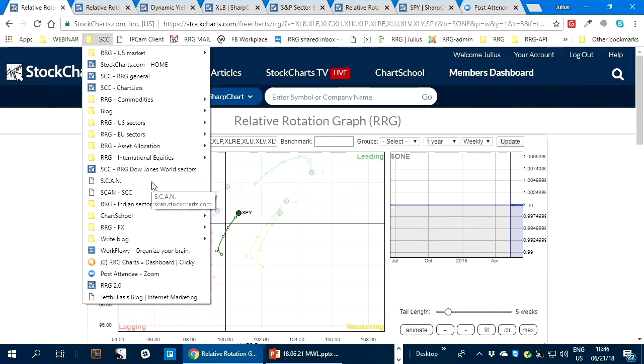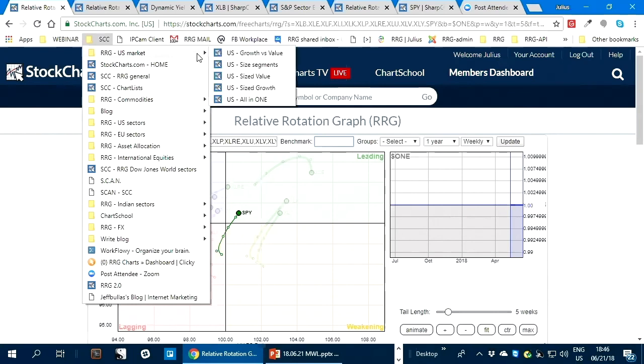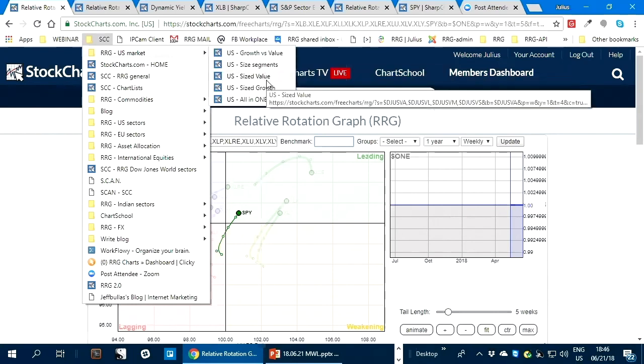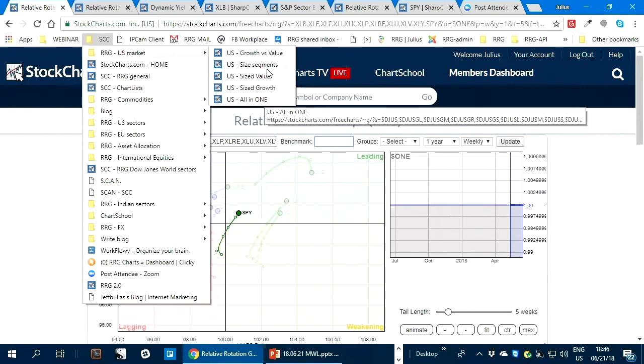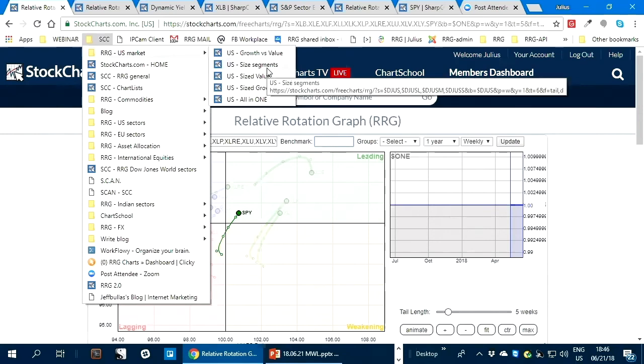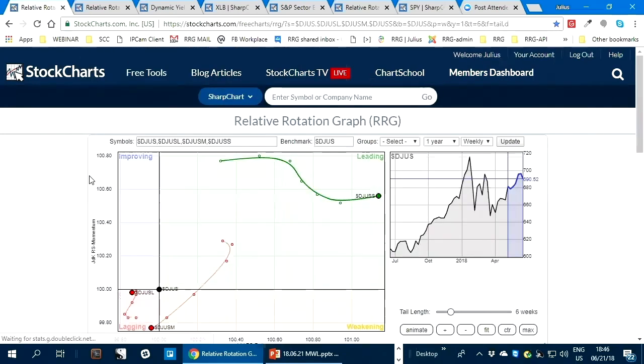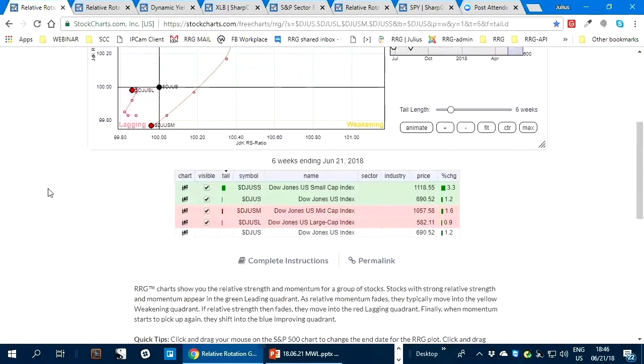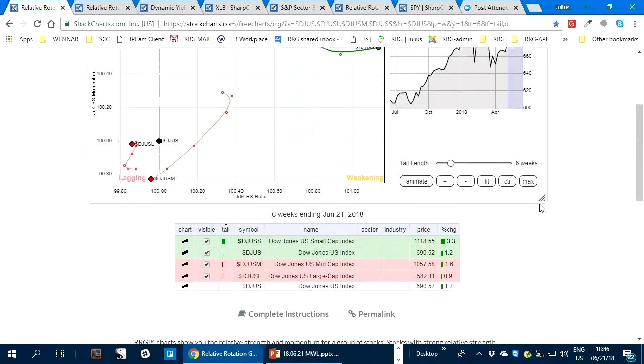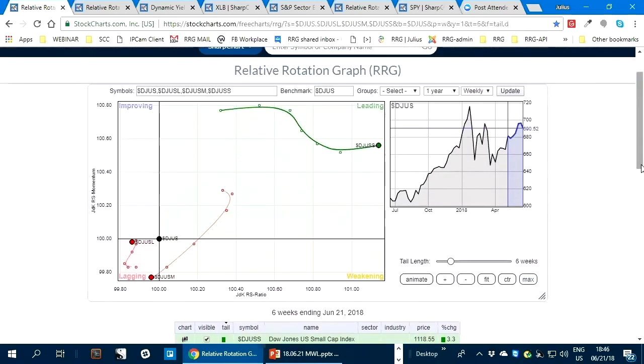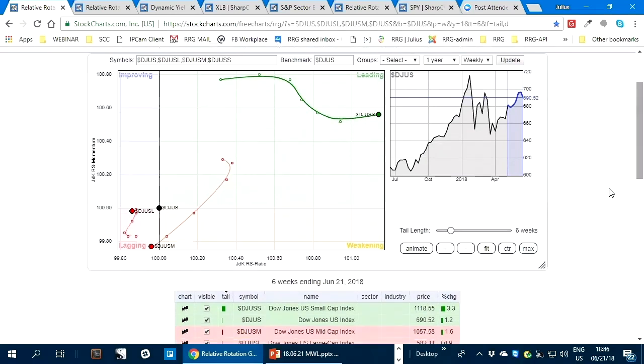You are such a great host. I have not looked at it, but we can do that because here we have size segments. I think I've broken them down a few. So this one looks at large cap, mid cap, small cap, and I use the Dow Jones sector index family to do this.